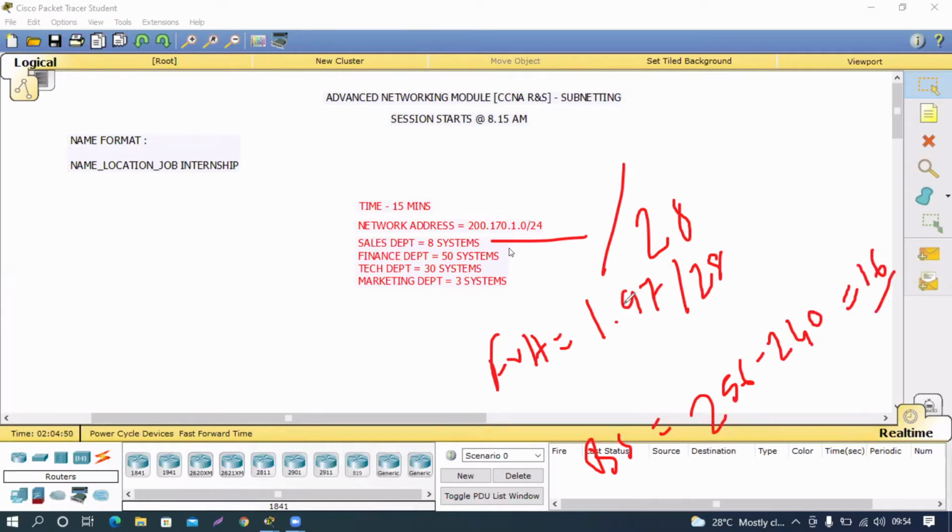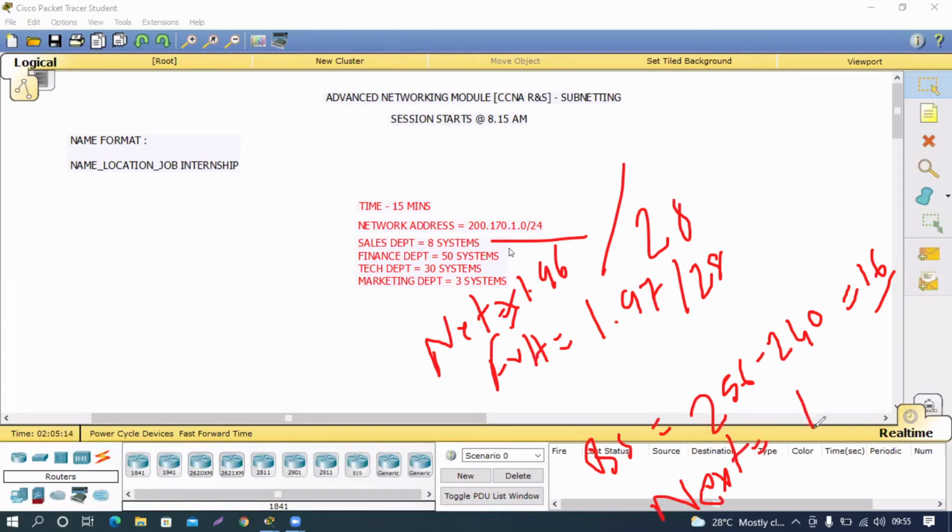The network address is 1.96, and 96 plus 16 is 112. That becomes your next subnet address.